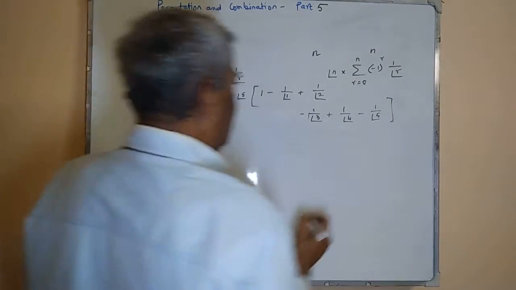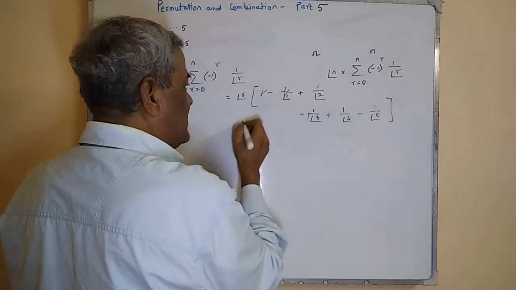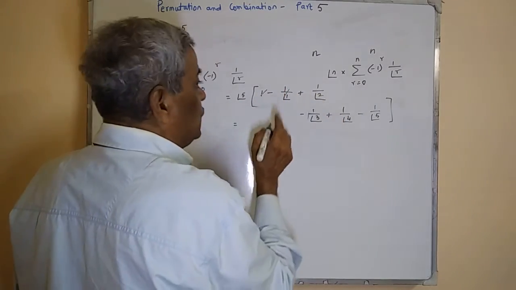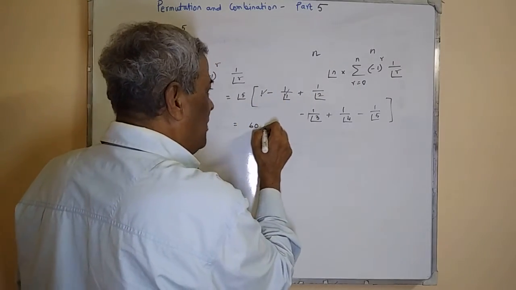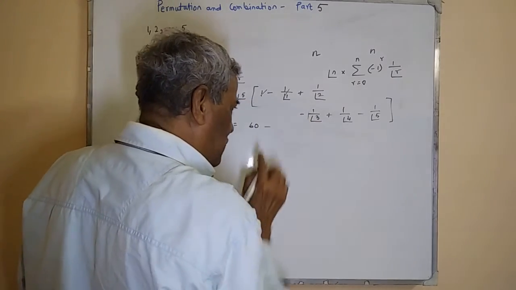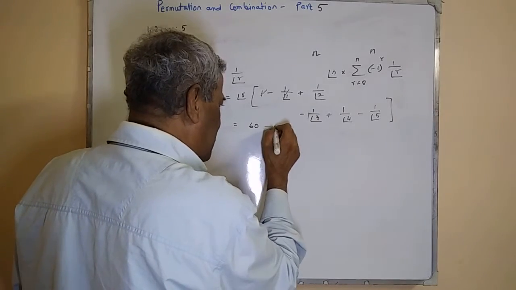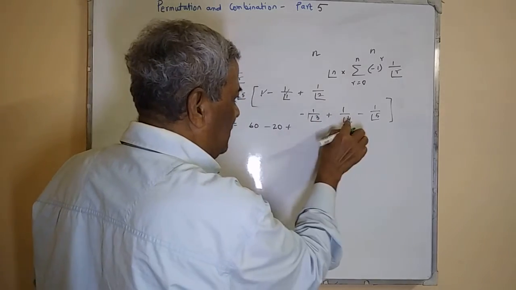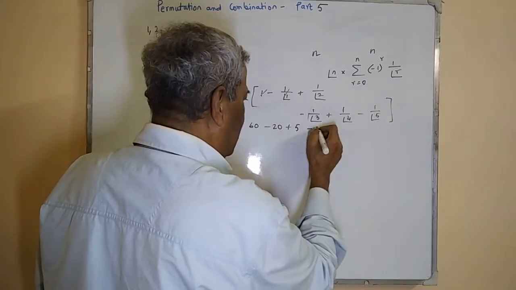This is the correct answer, so you have to simplify it. These together cancel. This is equal to factorial 5 by factorial 2, that is 5, 4, 3, 60, minus factorial 5 by factorial 3. This 5 into 4, and factorial 3 cancels, 20, plus factorial 5 by factorial 4, which is 5, minus 1.